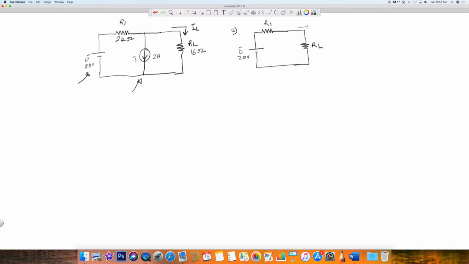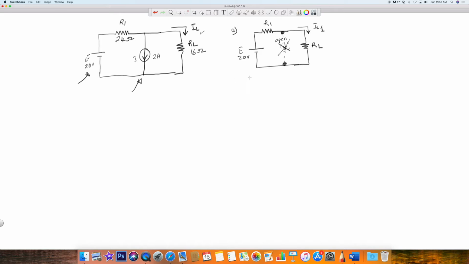That means you still have some sort of a current here, right? It isn't really this IL, but it's parts of it, considering that what we did is we took out the current source and left it open. So we left this point from here to here open. Let's call this one IL1 or partial IL1.